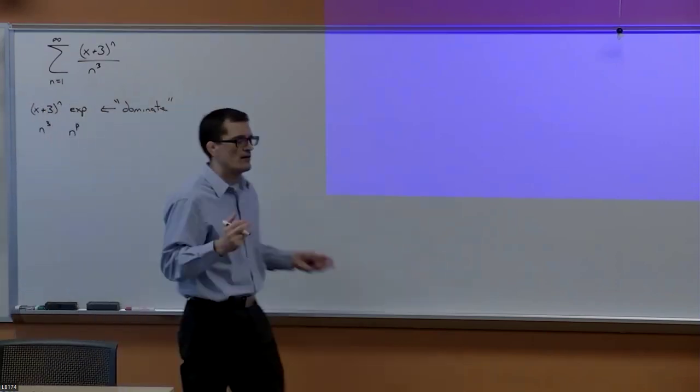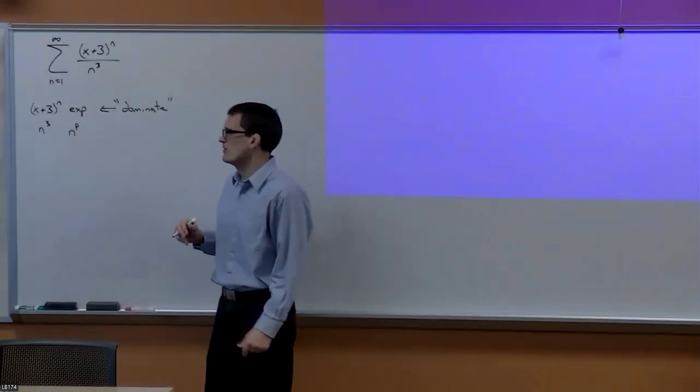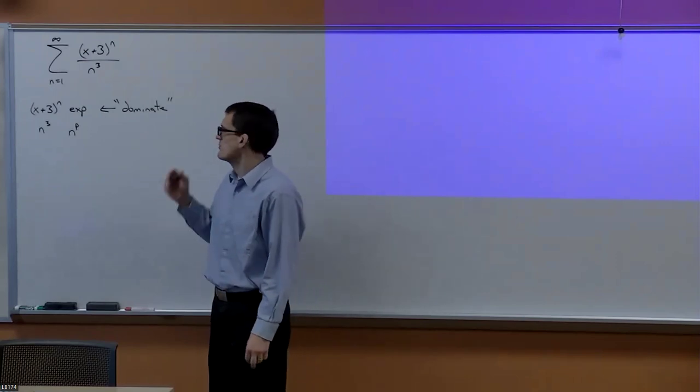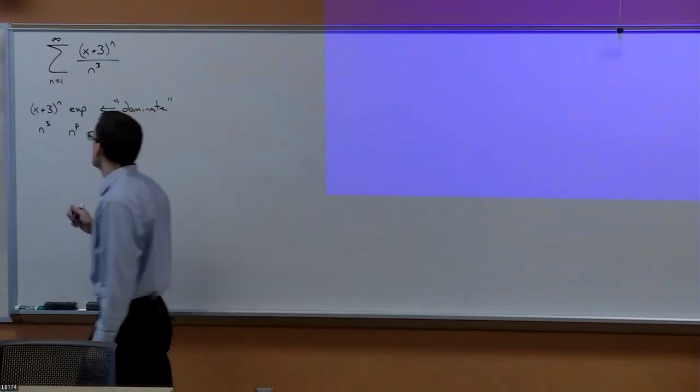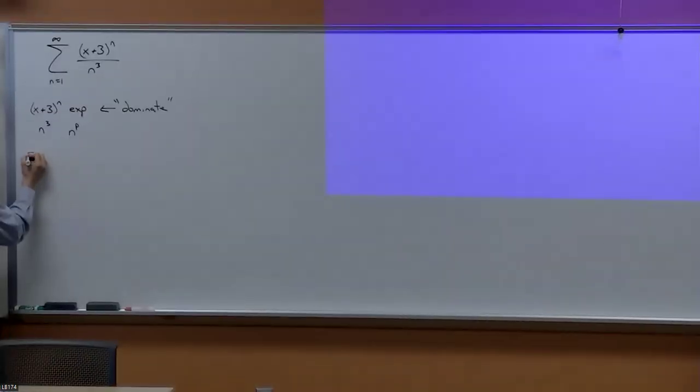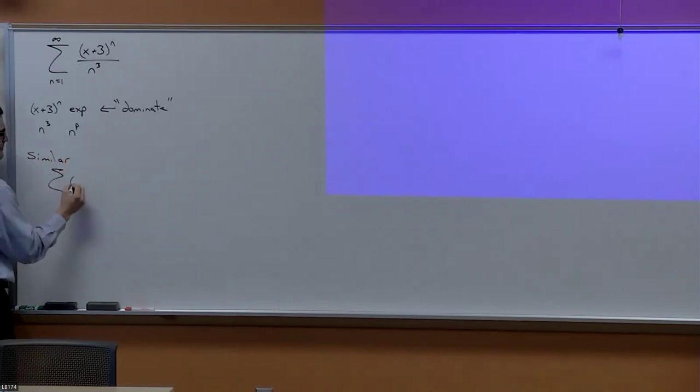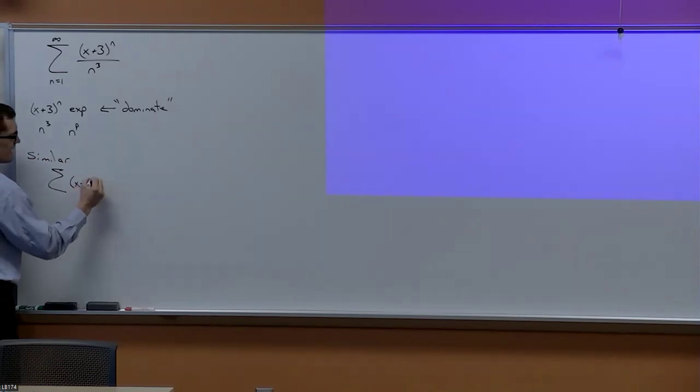If you had 3 or 4 different types of growth, you have to figure out which one is the fastest around. So the exponential is going to dominate, and this is going to act similarly to just summing up x plus 3 to the nth power from 1 to infinity.